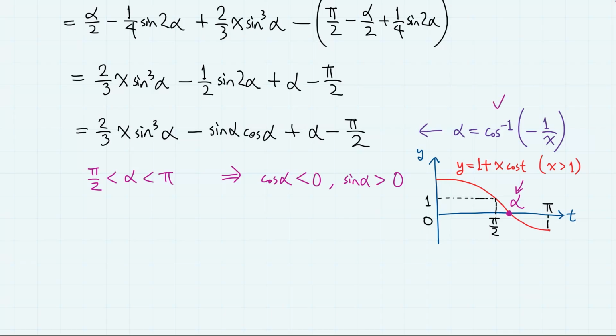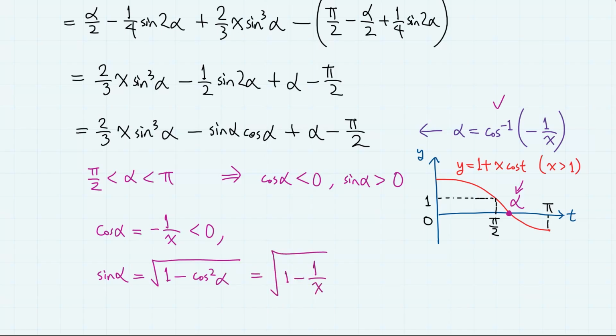That is, cosine alpha is just minus 1 over x, which is negative by the way, and sine alpha must be positive, so it is the positive square root of 1 minus cosine squared alpha, so root 1 minus 1 over x squared. So square root of x squared minus 1 divided by x squared, which can also be written as square root of x squared minus 1 divided by just x, because x is positive.